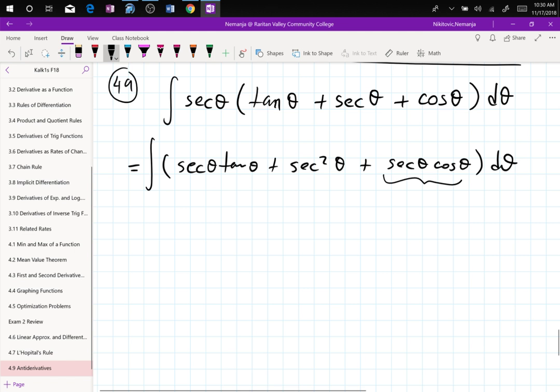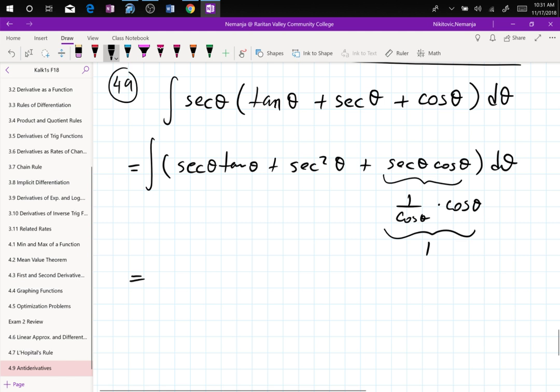What's secant? Yeah. So what's secant? 1 over cosine. So how much is 1 over cosine times cosine? 1. So the whole thing is just 1.